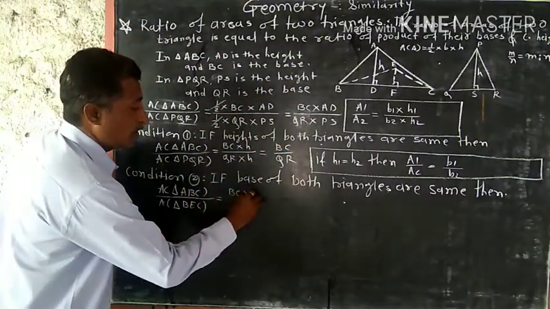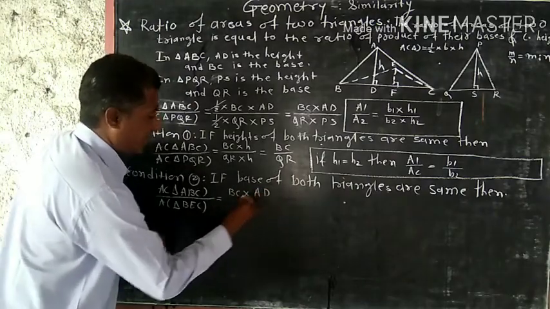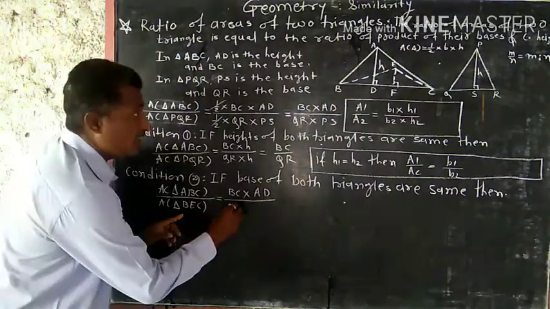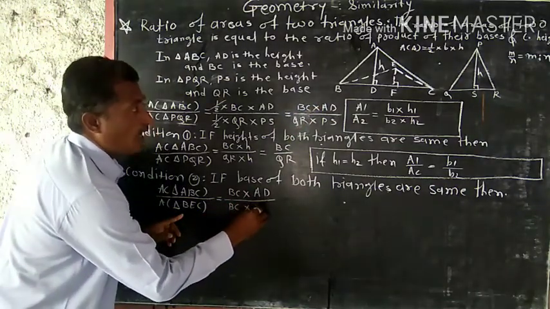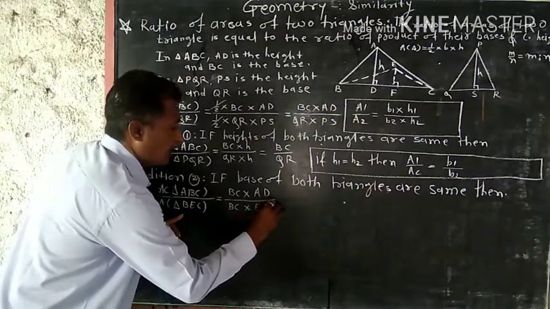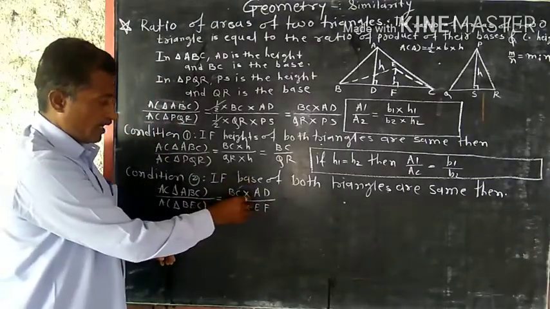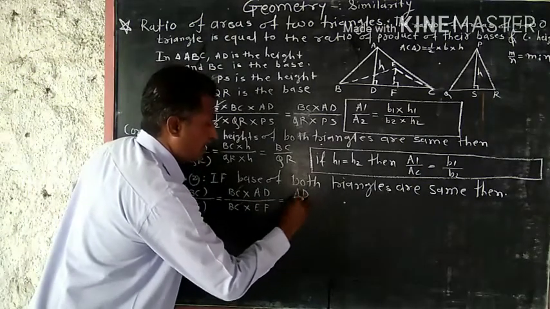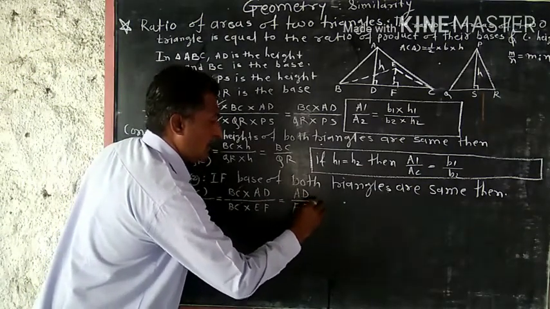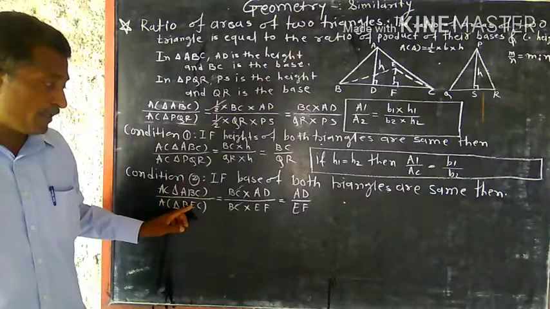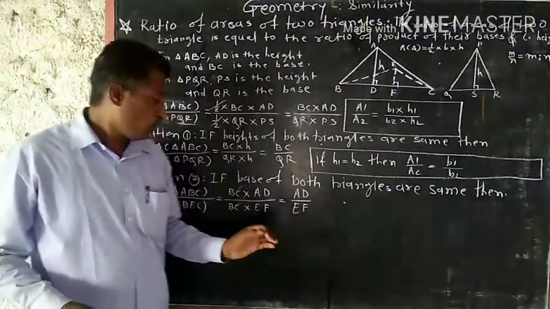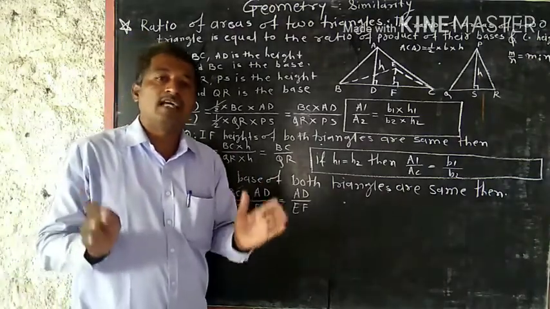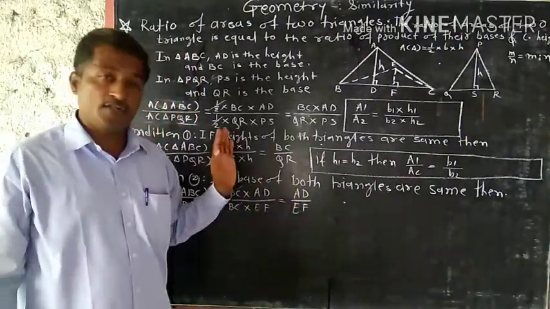Base BC into corresponding height AD divided by the base of triangle BEC, which is BC, into height EF. BC and BC cancel each other, then remaining AD upon EF. Means the ratio of areas of two triangles with equal base is equal to the ratio of their corresponding heights.